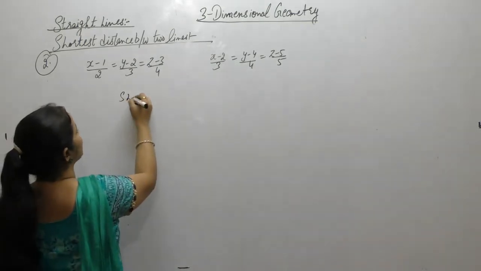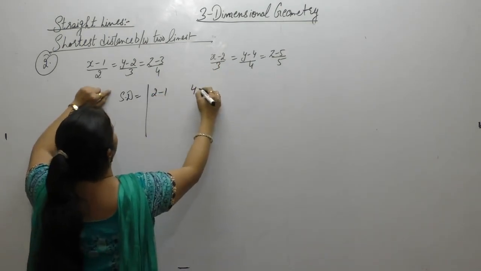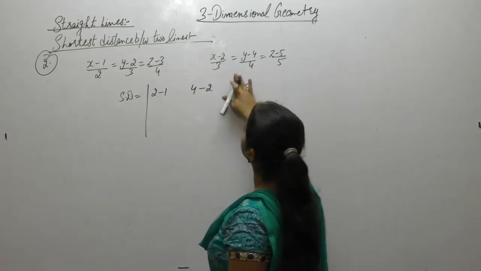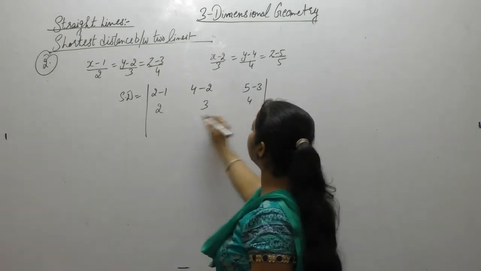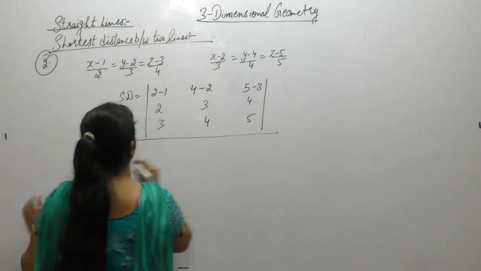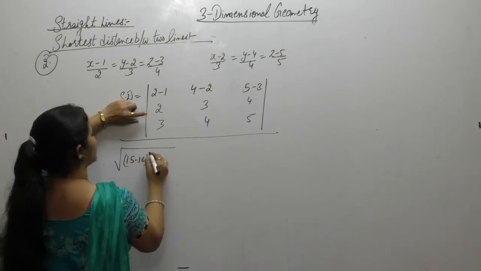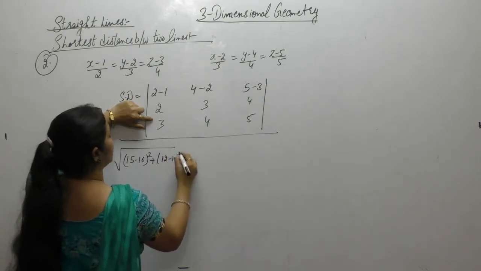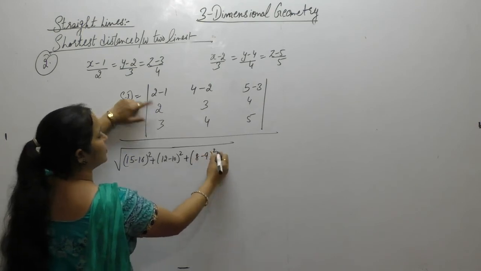So the formula is x2 minus x1, y2 minus y1, z2 minus z1, then a1 b1 c1, a2 b2 c2, upon square root of the squares of the cross product components: 5 into 3, 15 minus 16 whole square, 12 minus 10 whole square, plus 8 minus 9 whole square.